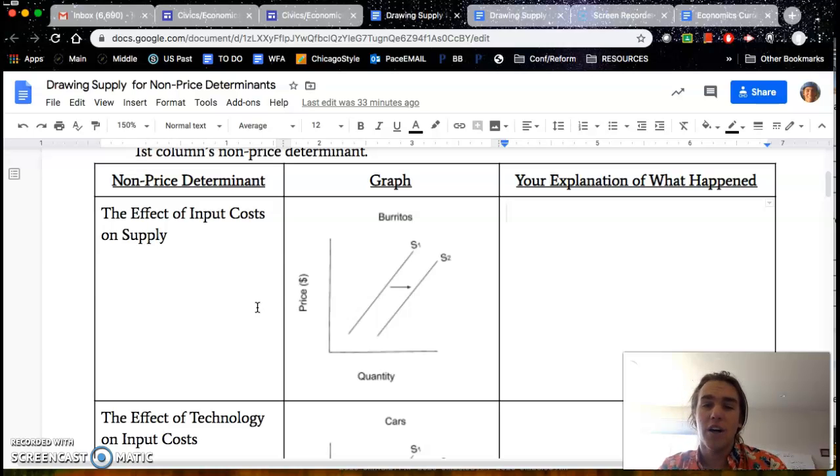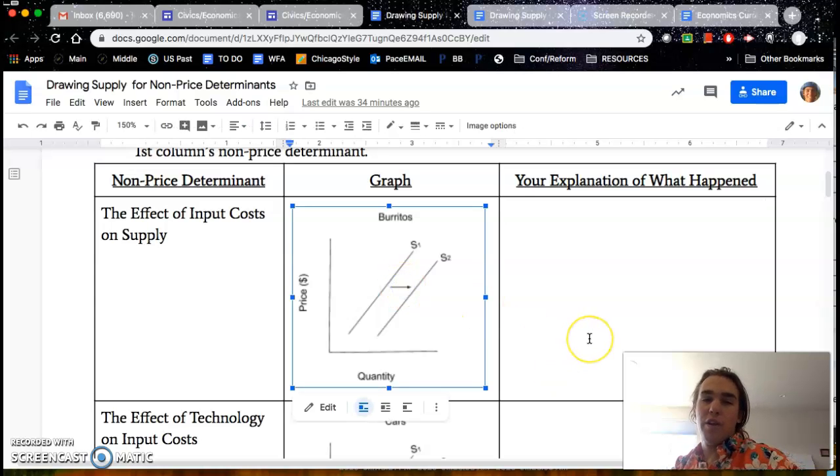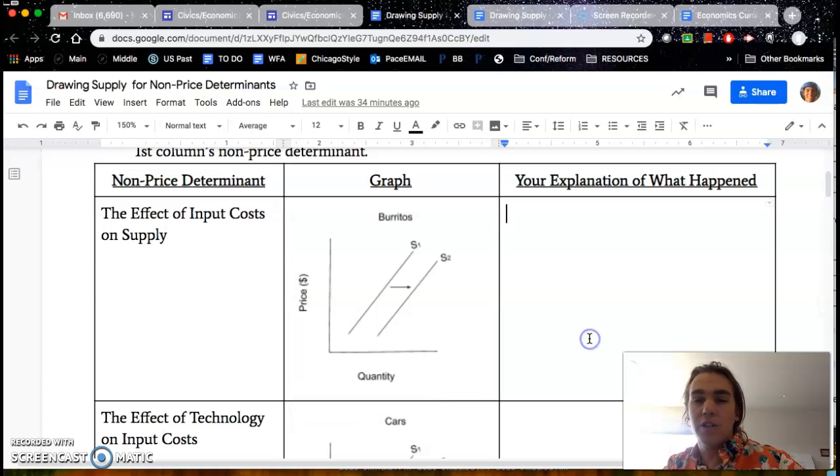Burritos, the input costs revolve around things like beef or tortillas or lettuce or labor again. So I've given you this graph, and it looks like from this graph, the supply of burritos is going up. It's increasing.